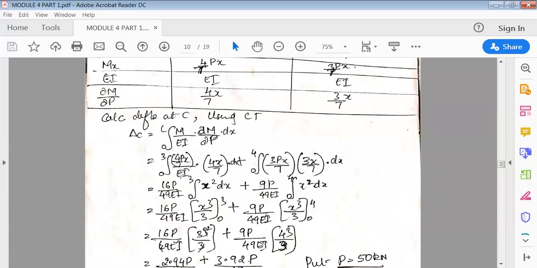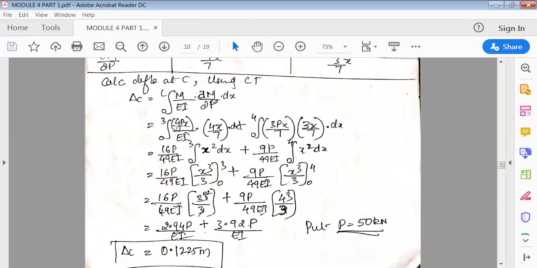Then solve this. Once you solve this, 4 4 is 16P over 49 EI, 7 7 is 49, x square dx, plus 3 3 is 9, 7 7 is 49 over EI, x square dx. This is 16P over 49, integrate this, x cube by 3, is also x cube by 3.